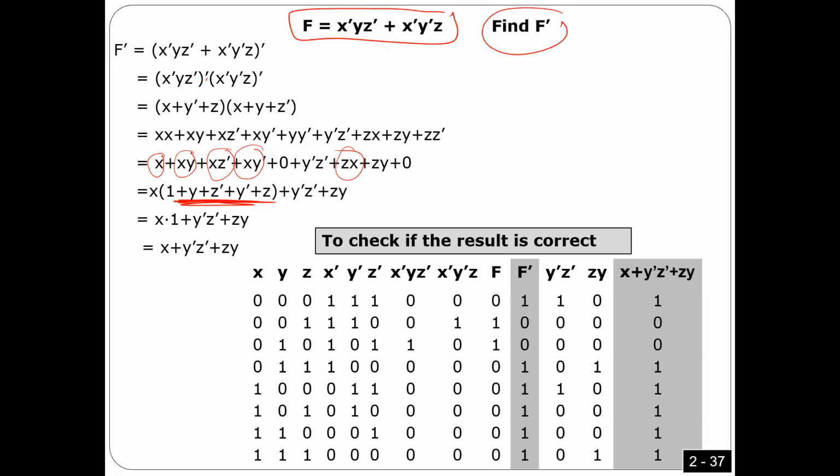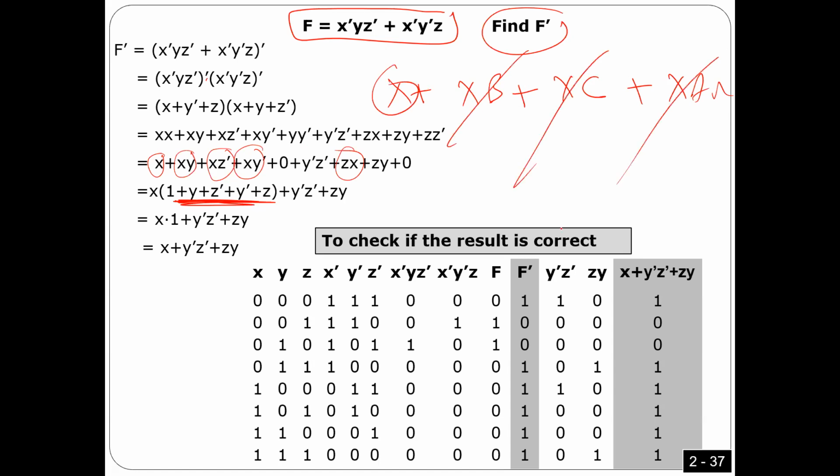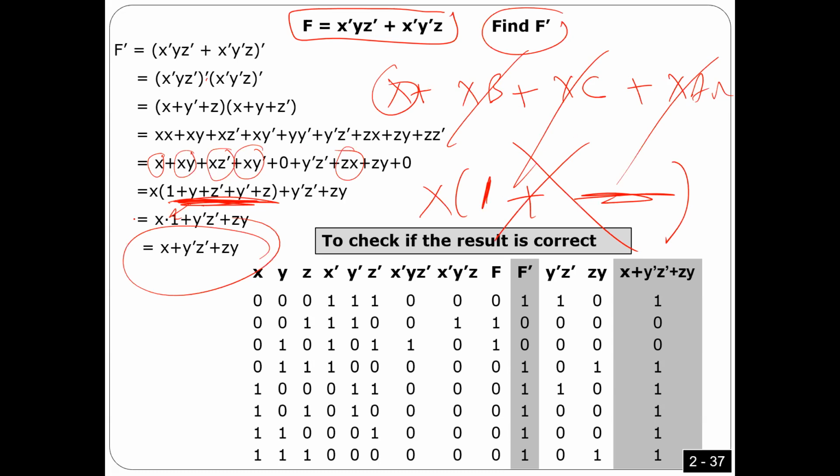That means if you have x or xb or xc or xabc, whatever, you got what I'm saying? If I take x common, all of these are cancelled, because when you take x common, it becomes 1 OR something, and 1 OR something is going to be 1, cancelled. That's why all of these are actually 1. That's it. So I go this way.